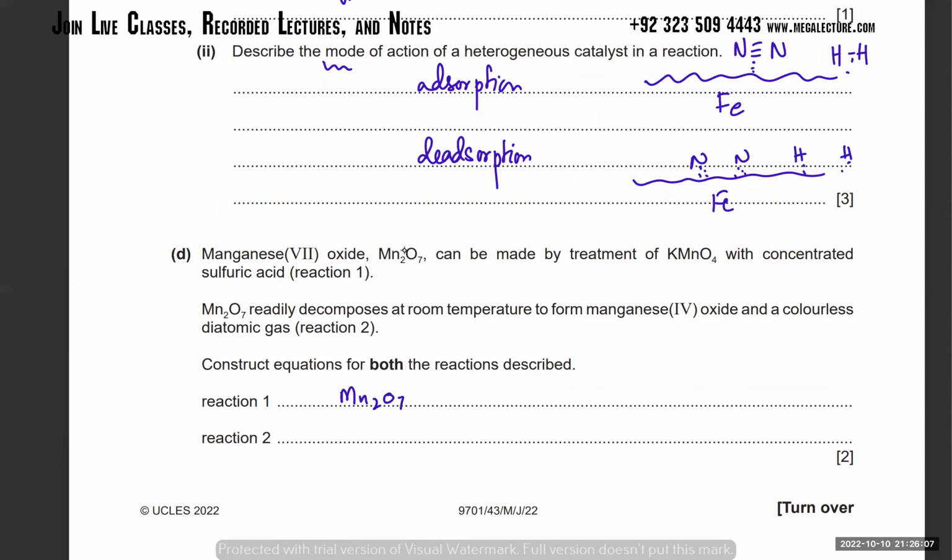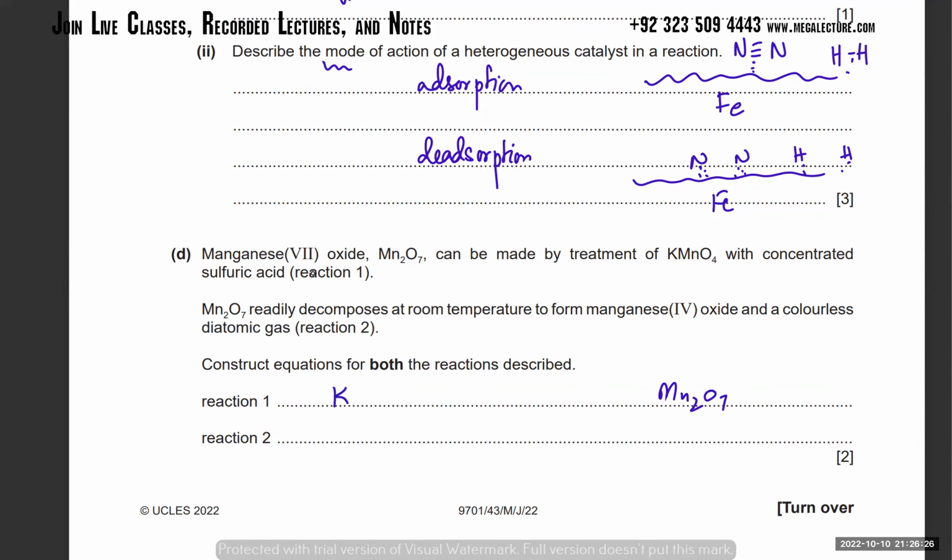Mn2O7 is the product, not the reactant. It is being made by treatment of KMnO4 with concentrated sulfuric acid.